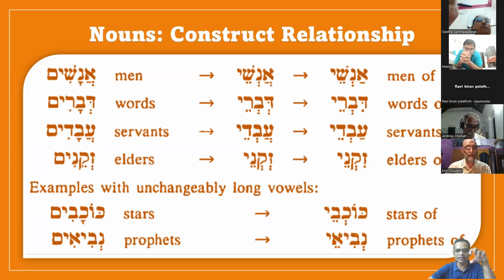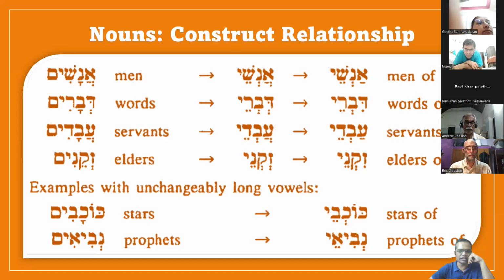automatically you will understand that this was the rule which we have learned, and because of this rule only, these changes are taking place in the way the nouns are written in the construct form. From the beginning, I am saying this is one of the toughest things in Hebrew, which you will be encountering now and then.